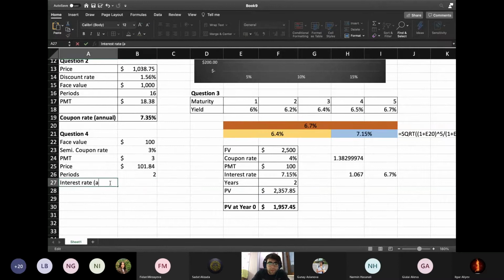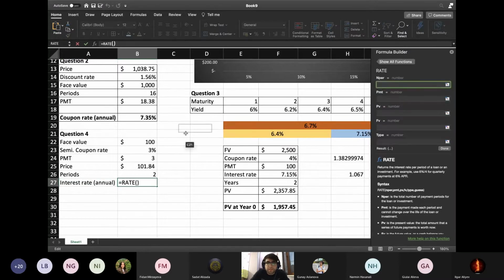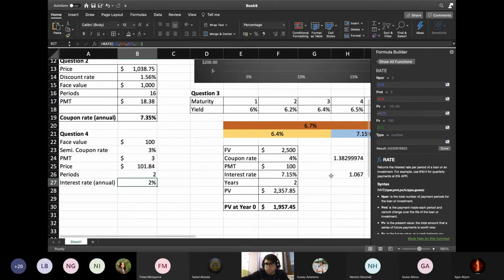But this interest rate should be annual. Come to here: rate, number of periods 2, payments 3, present value, let me put minus, minus price, future value, face value.